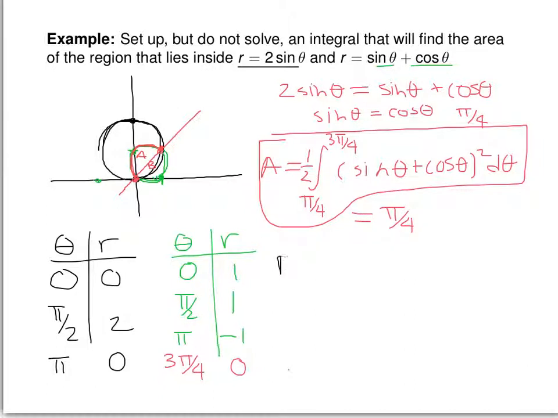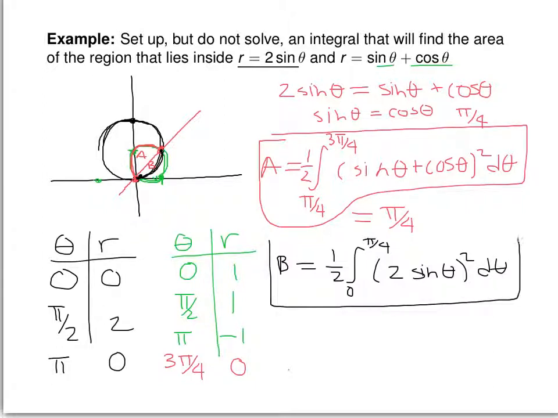Now area B, so we'll have 1/2 integral, we have to figure out, that is swept as we go from 0 to pi over 4. And there my r is 2 sine of theta, squared, d theta. So those two integrals, when you work that out, you end up getting pi over 4 minus 1/2.